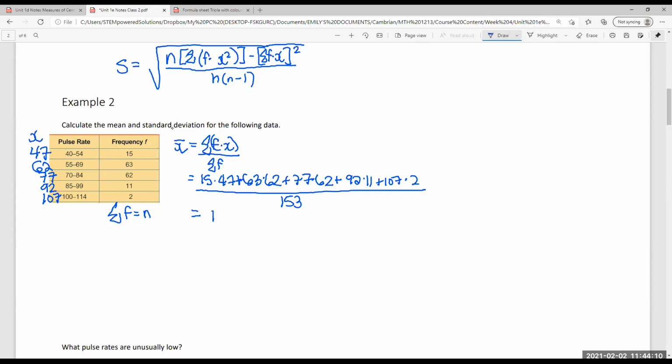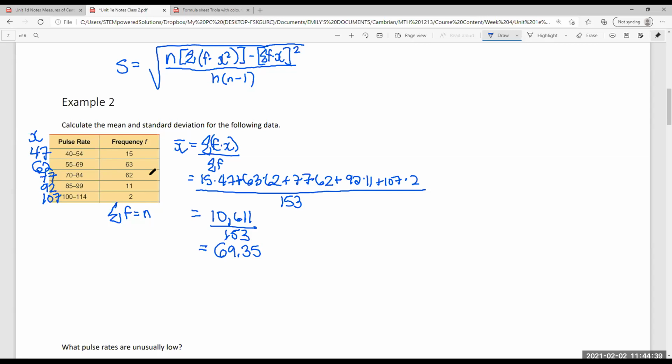So this equals 10,611 divided by 153. 10,611 divided by 153 equals 69.35. All right, so that equals the average pulse rate for this frequency distribution table.